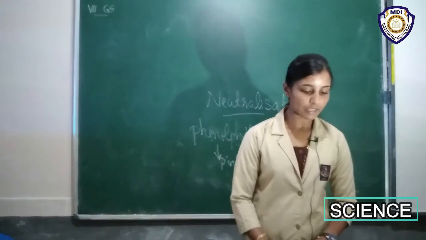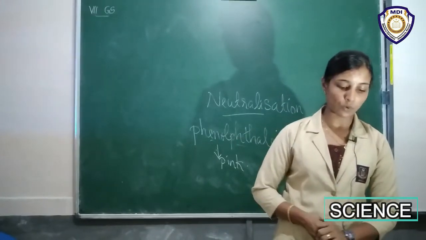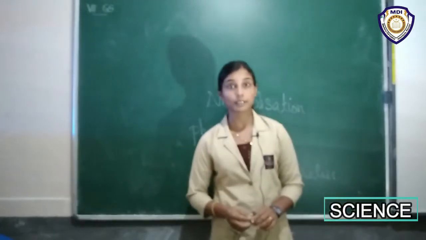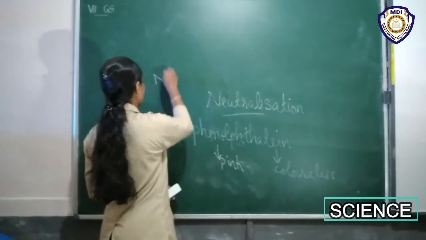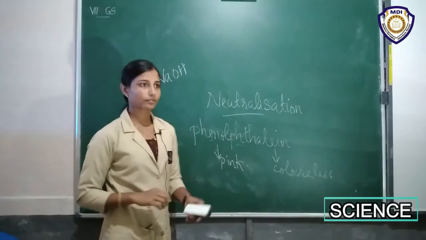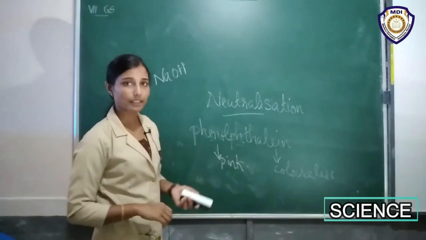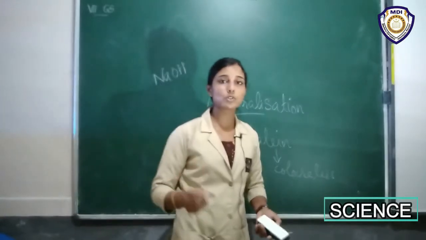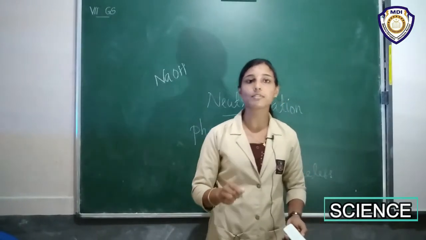Then add to the acidic solution a drop of sodium hydroxide solution by a dropper. Sodium hydroxide solution, NaOH solution, it is a base, right? So when we add NaOH solution into hydrochloric acid solution containing 2 or 3 drops of phenolphthalein, what happens?